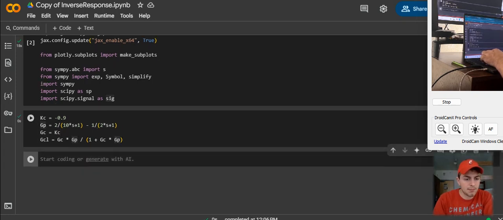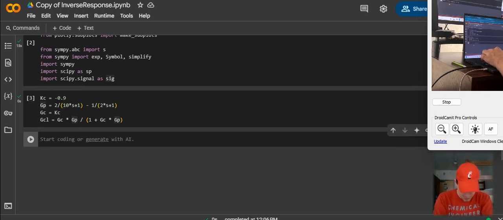Perfect. And so then let's go ahead and simulate our system here. So the way to do this is that the sim function is going to take an input of our closed loop transfer function, and a dummy variable for time here.